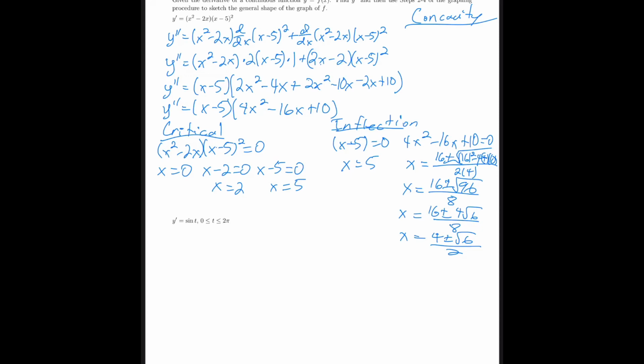So now the things we know, I'll write concavity up here. So concavity, based on my inflection points, I know where my concavities happen.